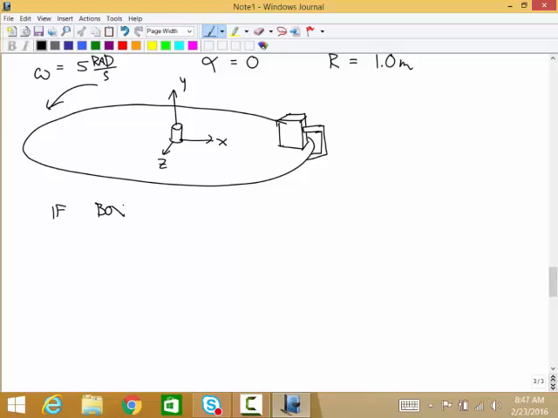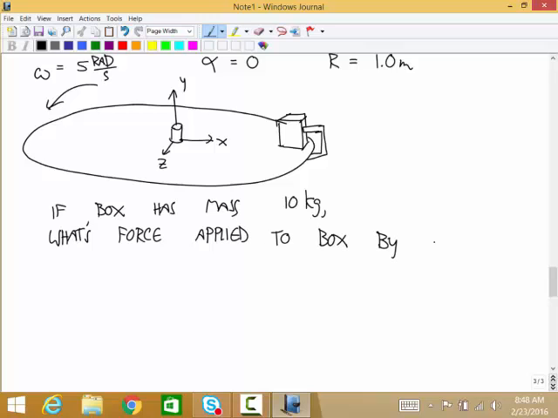If the box has a mass of 10 kilograms, what's the force applied to the box by the arm?